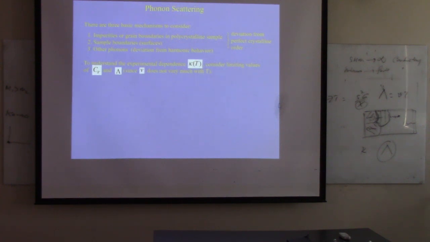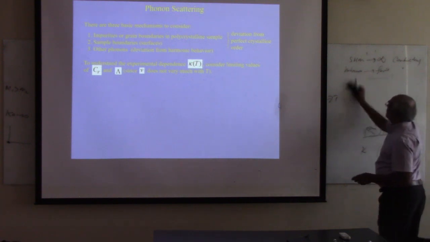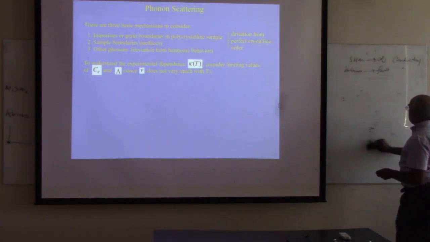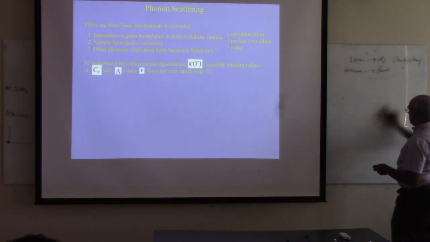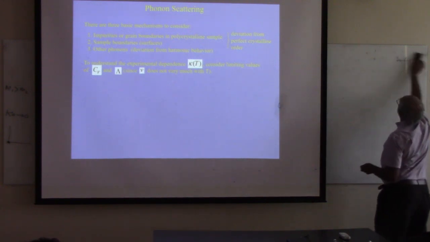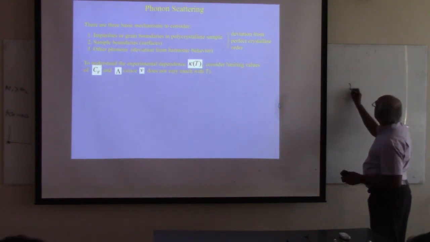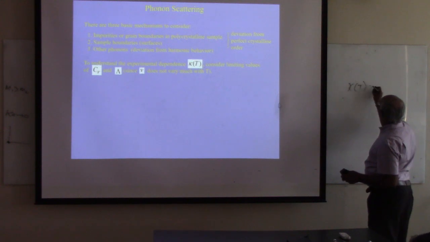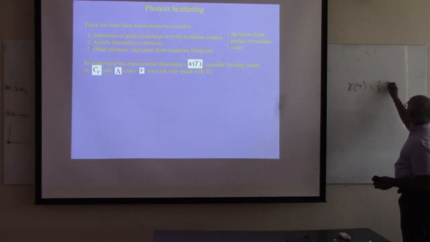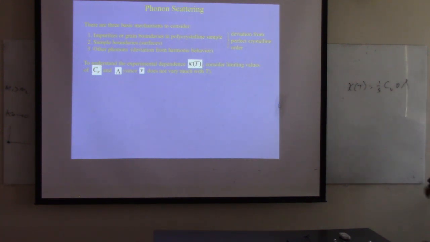Now let's see how the thermal conductivity changes with temperature. Let's do this one very carefully. So now we know kappa is 1/3 times CV times V times gamma, right?